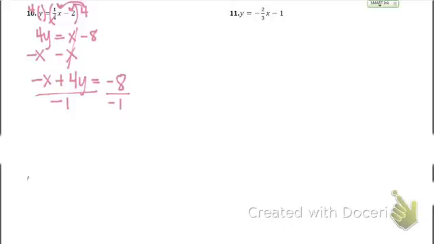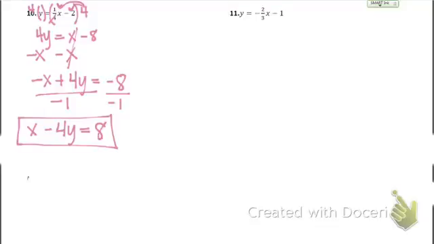And watch what happens. Negative x divided by negative 1 gives me positive x. 4y divided by negative 1 gives me negative 4y. Negative 8 divided by negative 1 gives me positive 8. And that's my standard form.